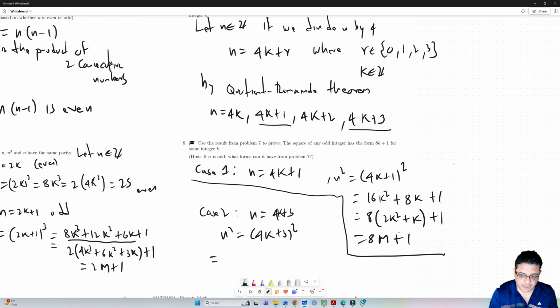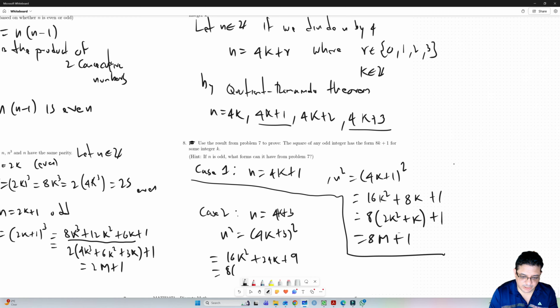And it's going to be 16k squared plus, wait, never mind, 2 times 4 times 3. So 2 times 4, 8, times 3, 24. So 24k plus 9. And so from here, I can just see this 9 as 8 plus 1.